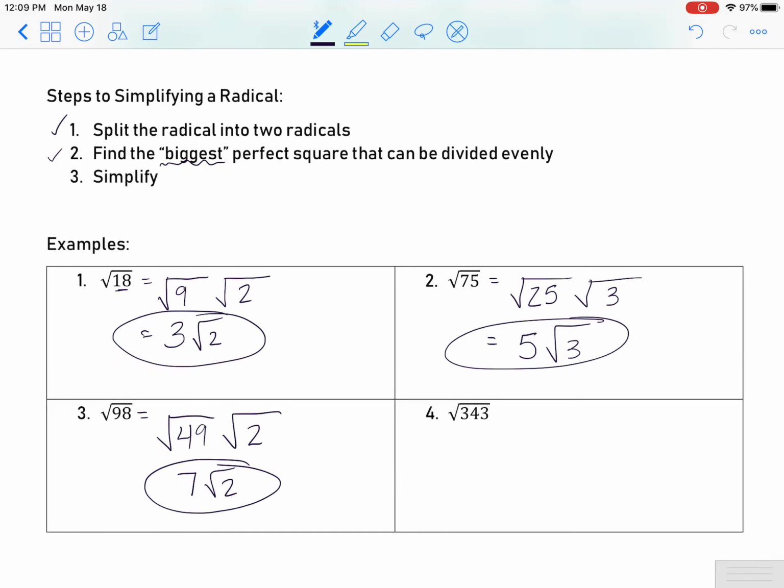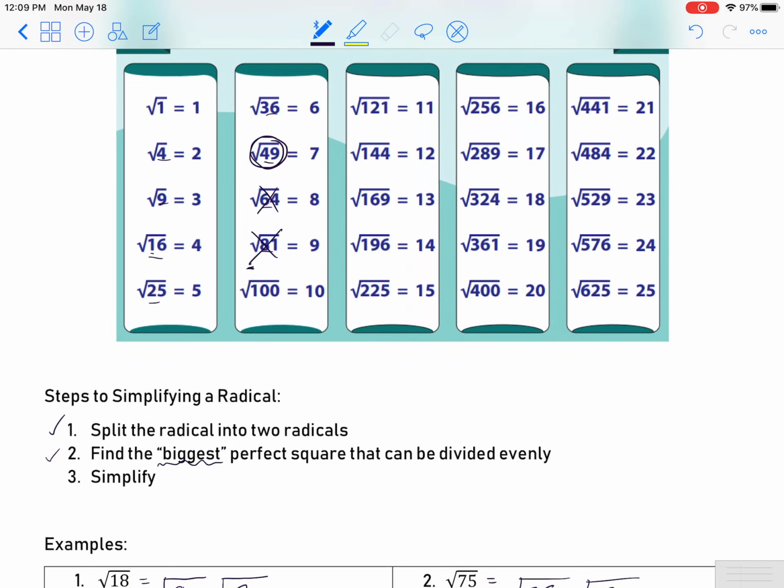Why don't you pause the video and see if you can do this one on your own and then check your answer. All right, so if I split that up, so I have 343. So I am starting all the way here. I'm going to go through and see which one works.